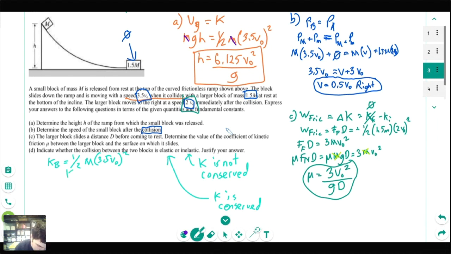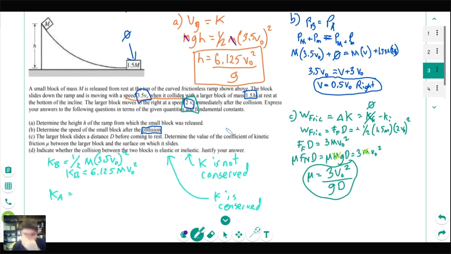So our kinetic energy beforehand is 6.125 m v naught squared. And now, yes, if I was really concerned about significant figures, I would not have that many digits displayed. But right now, I'm just going to compare them. We'll deal with sig figs and stuff like that if we're close enough to make sig figs actually worthwhile here.